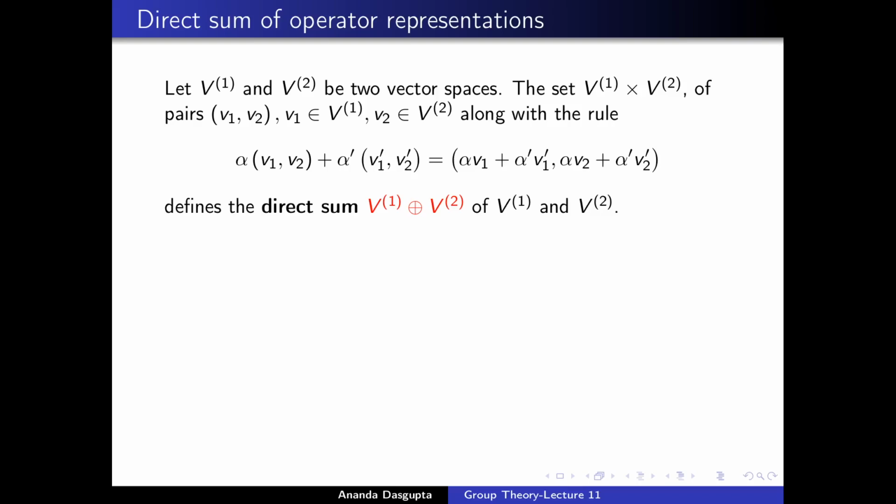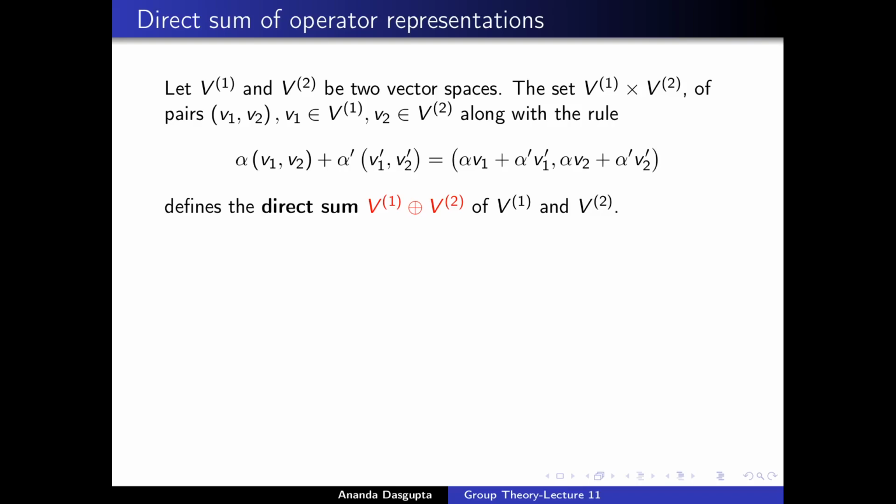So this is how you define the direct sum vector space V1 ⊕ V2 of the vector spaces V1 and V2. You should of course check that with this combination rule, all the basic properties of a linear vector space are actually satisfied by V1 ⊕ V2, but that is really a rather simple thing to check.